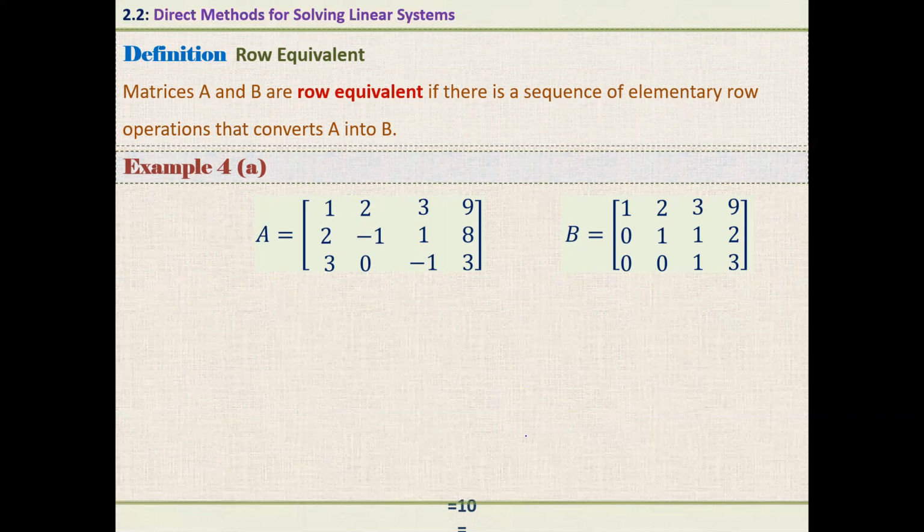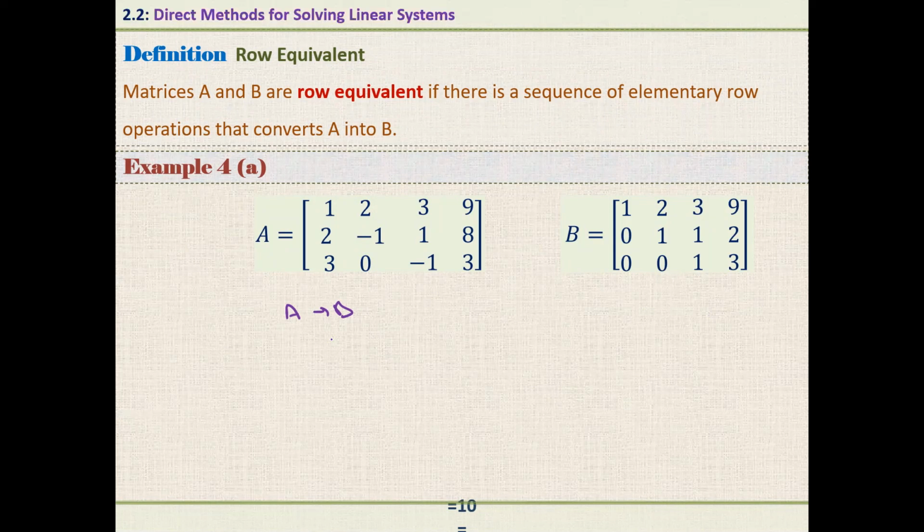We say that two matrices are row equivalent to each other if there is a sequence of elementary row operations that converts A into B. By applying a bunch of elementary row operations, if I convert this A into B, then we say that these two matrices are row equivalent.